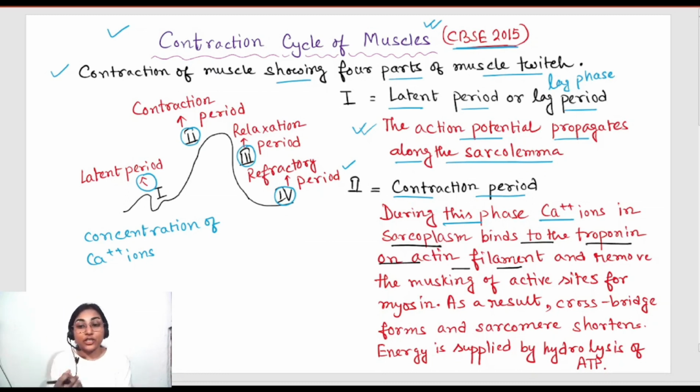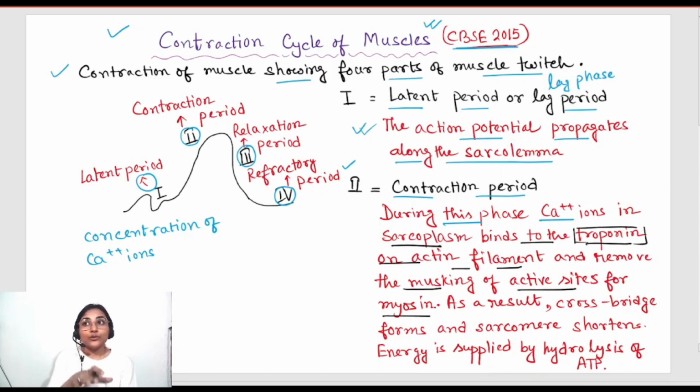When the concentration of calcium ion reaches a certain threshold level inside the sarcoplasm, this calcium ion binds to the troponin subunit present on the actin filament, and by doing so removes the masking of active sites for the myosin.